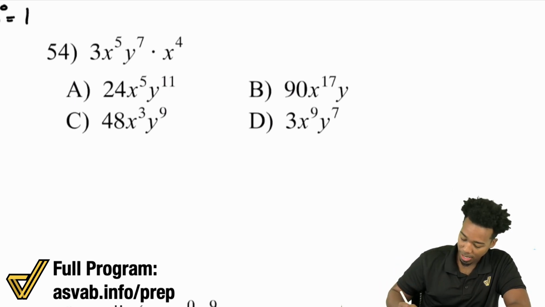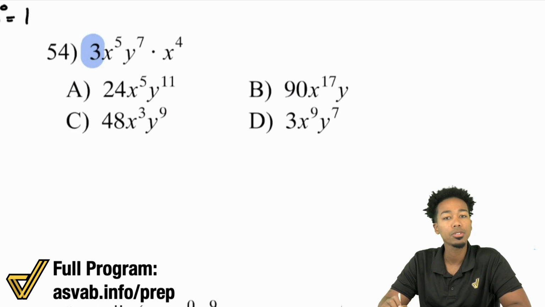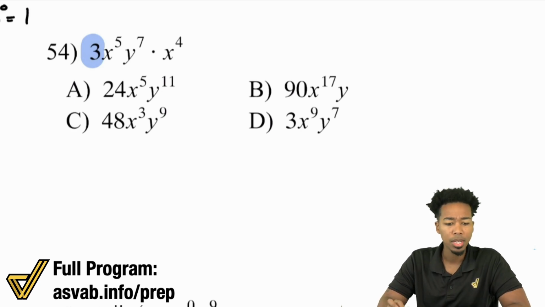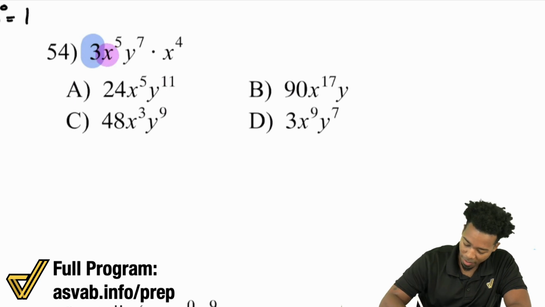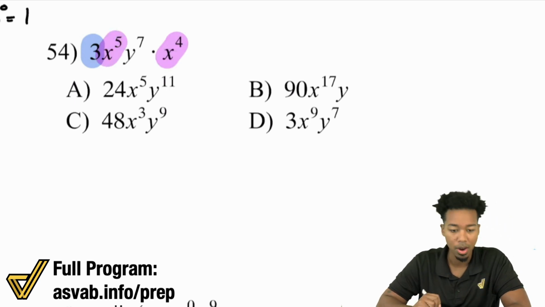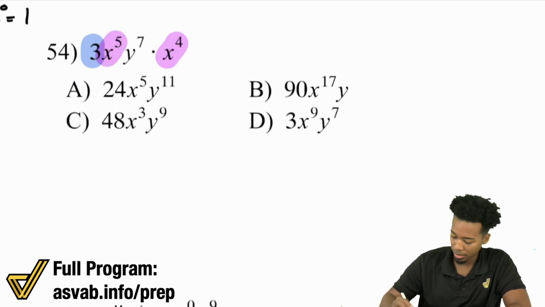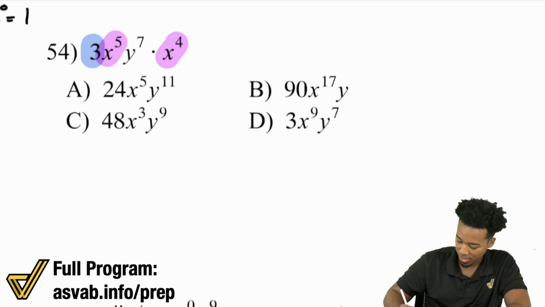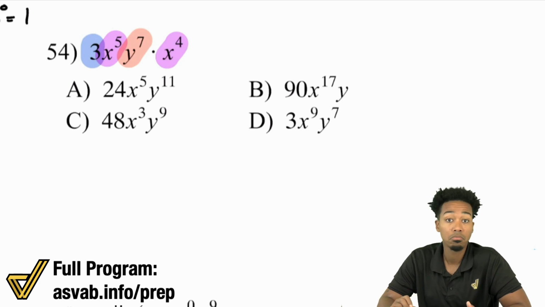We have 3x to the power of 5, y to the 7th times x to the power of 4. Want to take a look at my regular old numbers? I just have a 3. Nothing else to be really worrying about. On top of that, we have x to the power of 5, x to the power of 4. So those will combine because they have the same base. They are the same x as the base. And then we have y to the power of 7. All right, cool.